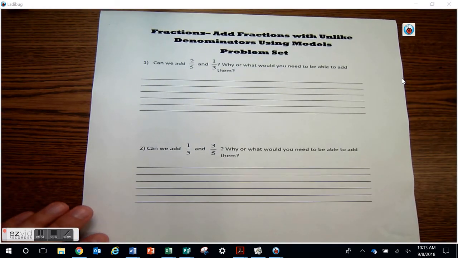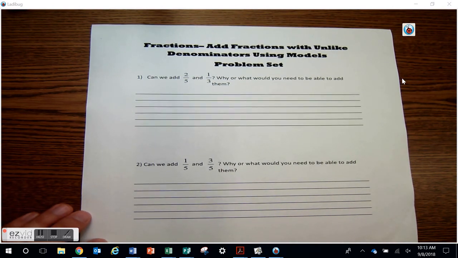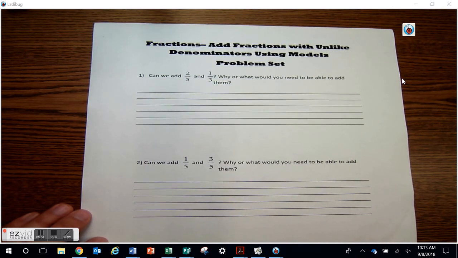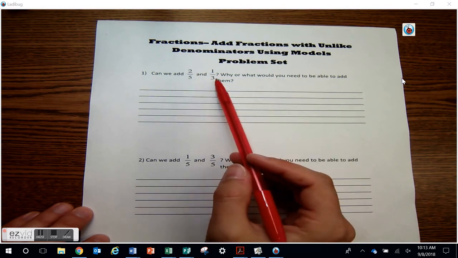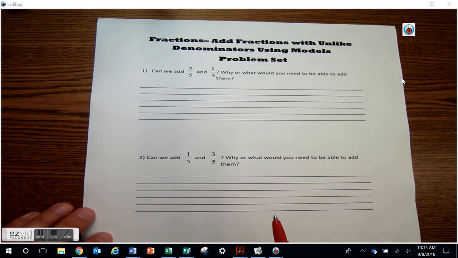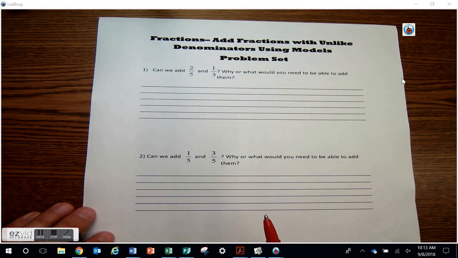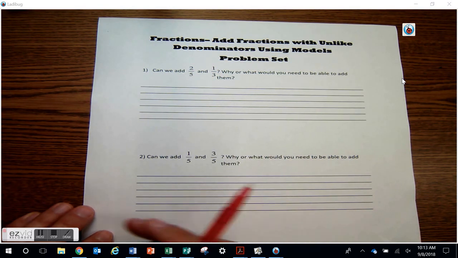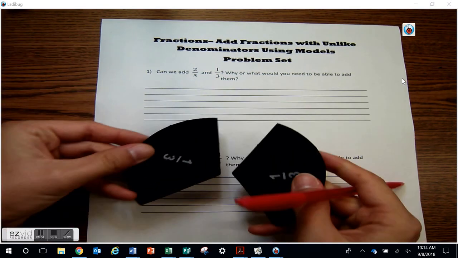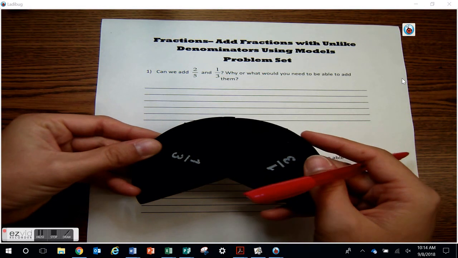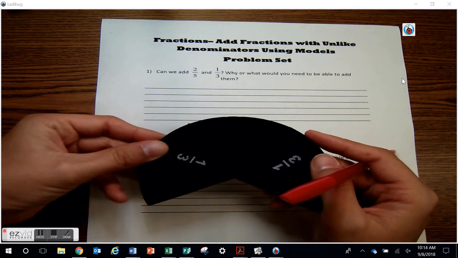So that brings me to my conclusion here. When are we able to add fractions? Well, we're able to add fractions when those fractions are the same size pieces. As long as they're the same size pieces, we can add them.